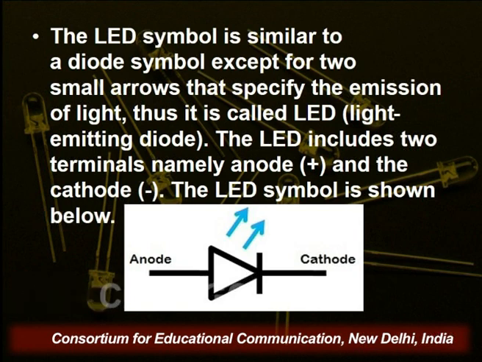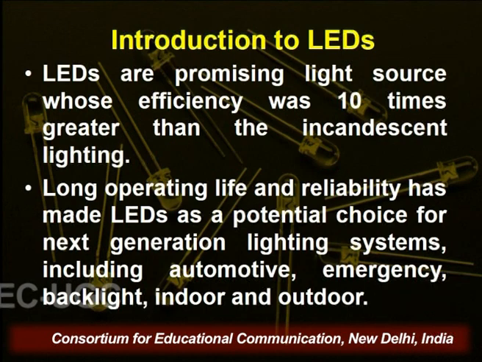So it is called the LED, a light emitting diode. The LED includes the positive terminal, that is the anode, and the negative terminal, that is the cathode. You can see clearly the anode and cathode, and the two arrows represent the emission of light.